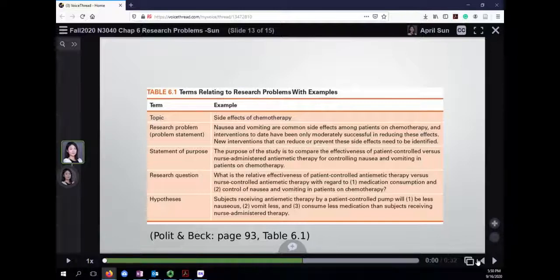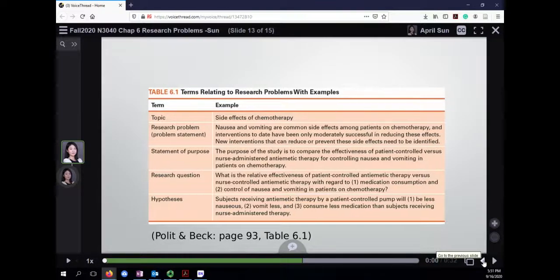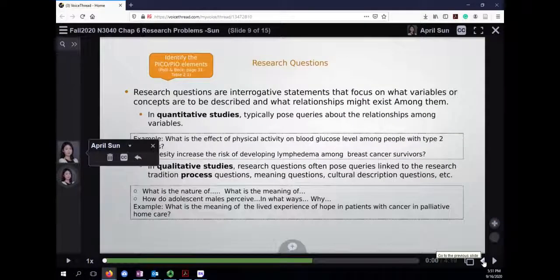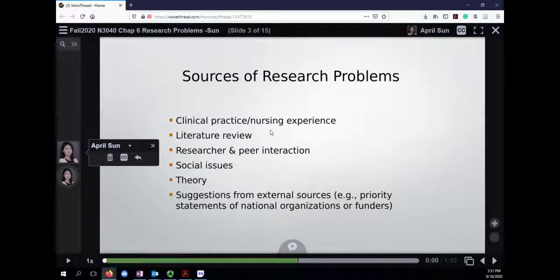And the second issue I want to provide more information about is how you find the gap. And ideally, it's from your practice. For example, nurses practicing with a urinary catheter may question whether they should really place a urinary catheter in the patient, because the catheter could cause some side effects.